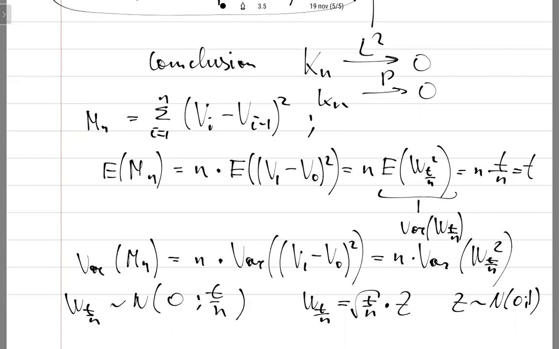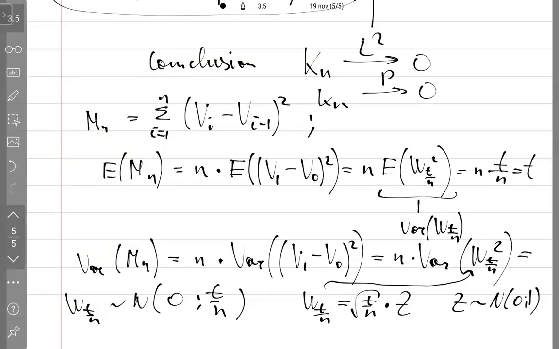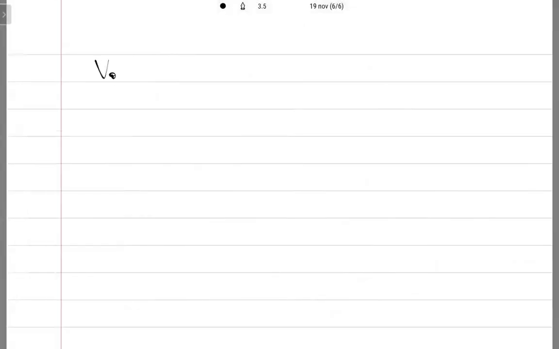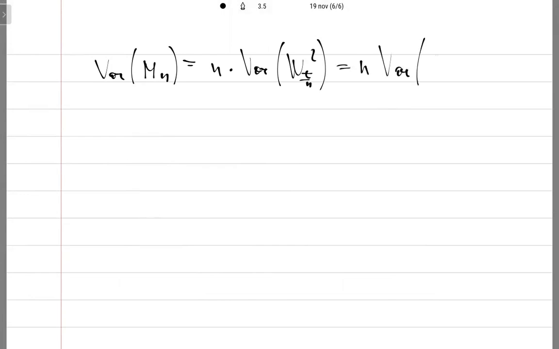Any questions? Don't be shy. And I plug in my calculations. So I have the variance of Mn is N times the variance of WT over N squared. I plug in, as I promised, square root of T over N times Z squared.